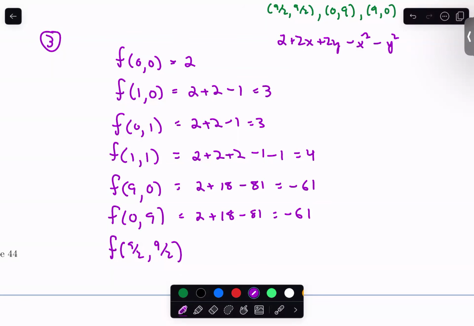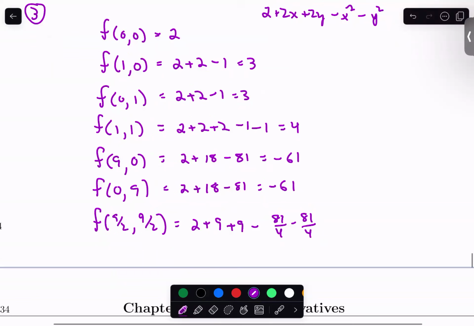And then finally, 9/2, 9/2. 2 plus 9 plus 9 minus 81/4 minus 81/4. So that's going to be 20 minus 81/2.